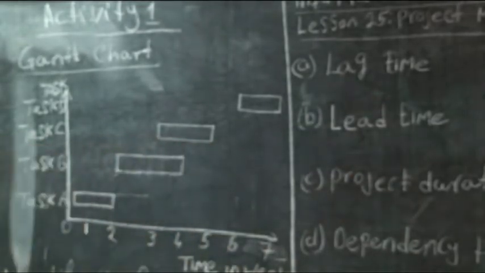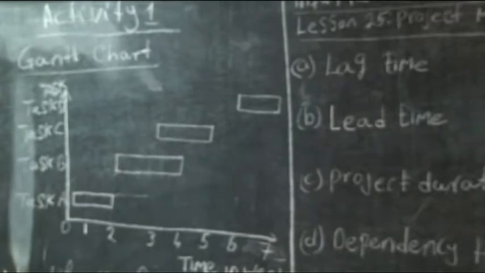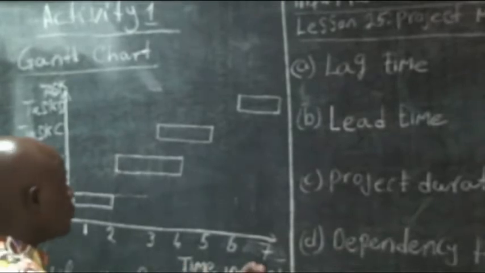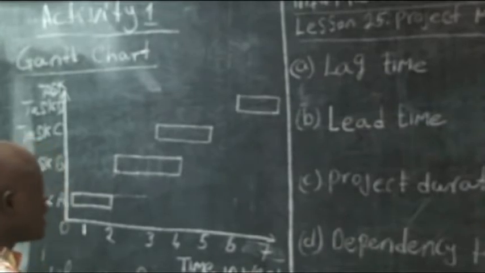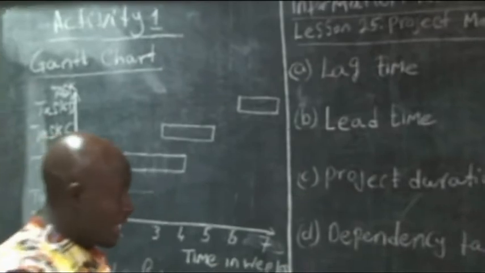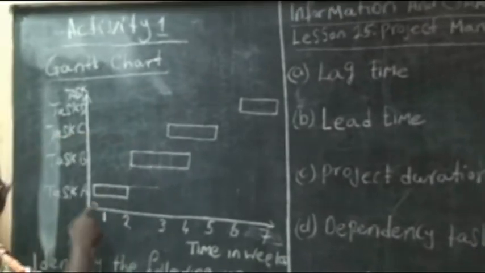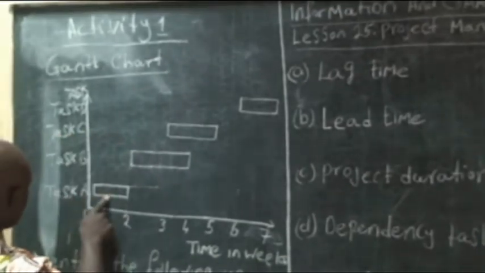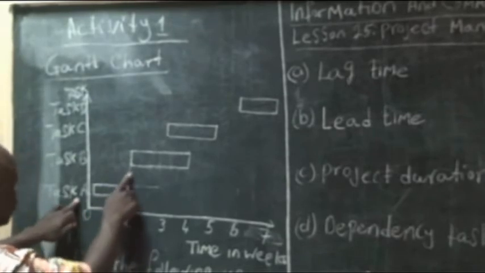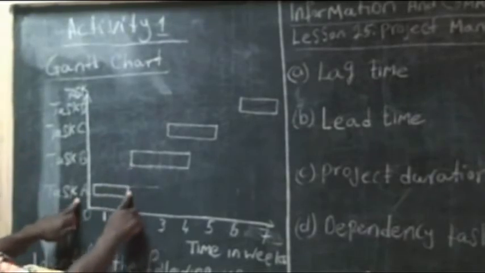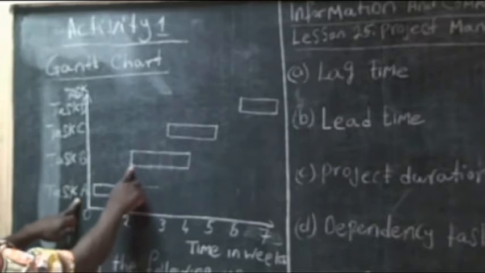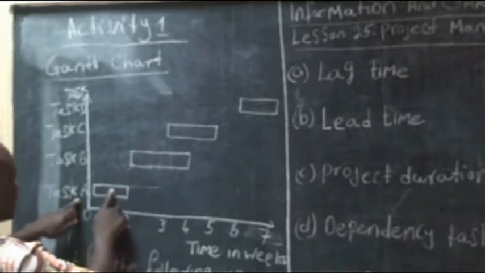We look for the activity that has ended, and there is a time gap between that activity that has ended and the activity that is going to commence next. And when we look well, for activity A, there is no gap between the finish time of activity A and the start time of activity B. So there is no lag time here.